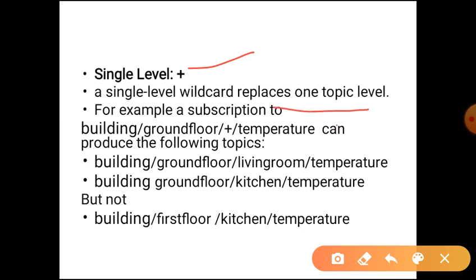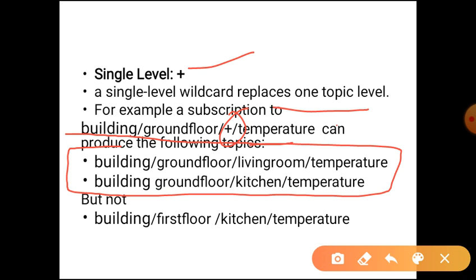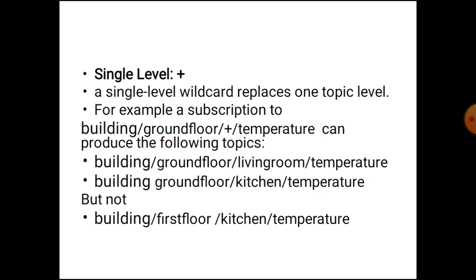For example, if a subscriber has used this topic name containing plus, then it can subscribe to these two topics: under the building, under the ground floor, living room, and under the building, under the ground floor, kitchen. So it can receive two temperature values of the ground floor of the building.